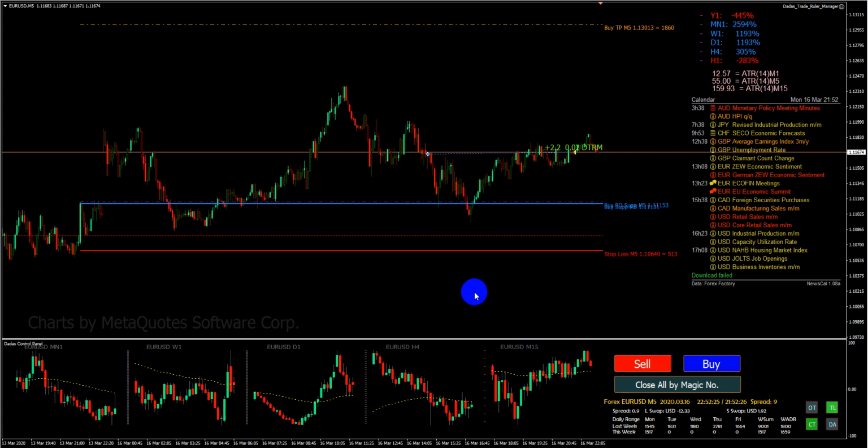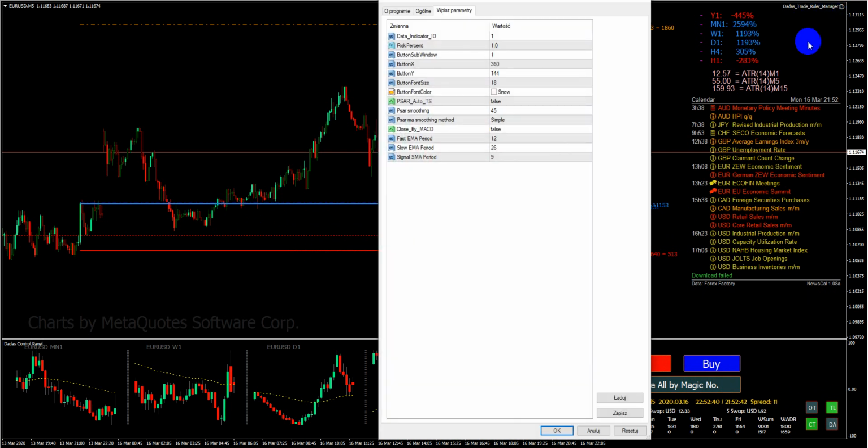Now, as you can see, I've set up here a different template where I'm using my older expert advisor, a very simple one. It's called the Dada's Trade Ruler Manager, where it doesn't really have much.